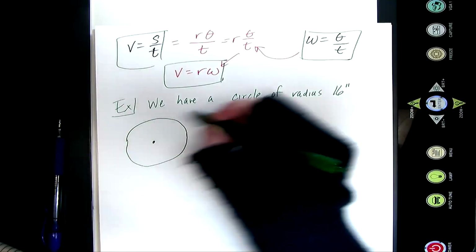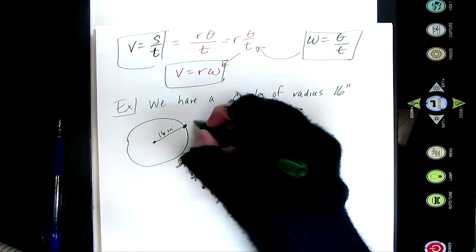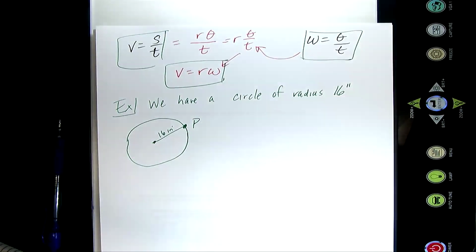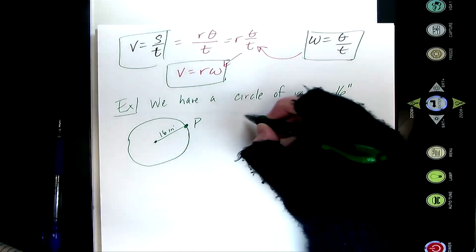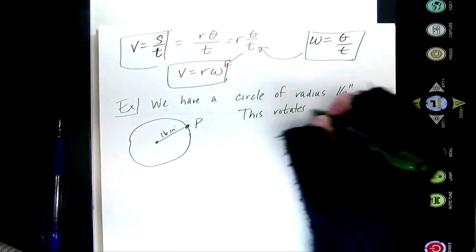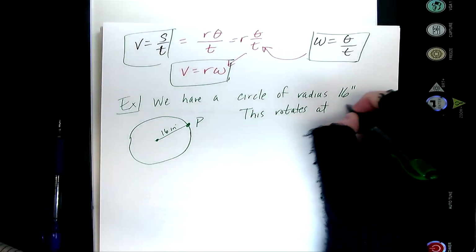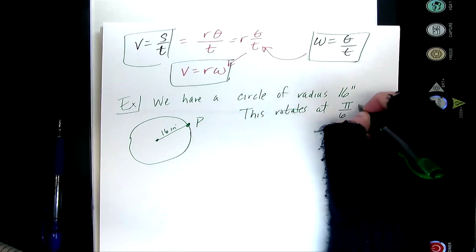And so this is 16 inches. And let's say this is point P on the edge. And now let's say this rotates at pi over 6 radians per second.